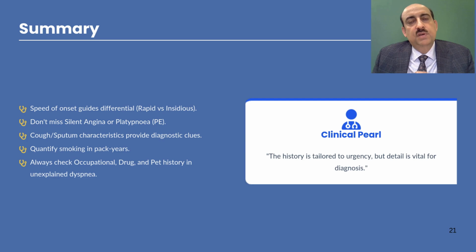Always think of cough and characterize it in terms of purulence, dry or sputum, or hemoptysis, and differentials accordingly. Quantifying smoking: just saying that there is a positive smoking history is not enough. You have to quantify, because it has relevance and importance in terms of the risk factors for COPD and malignancy down the line. Always check the occupational history, drug history, and pets to explain the dyspnea.